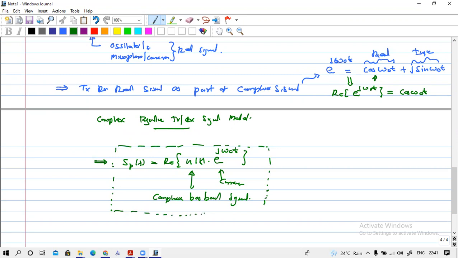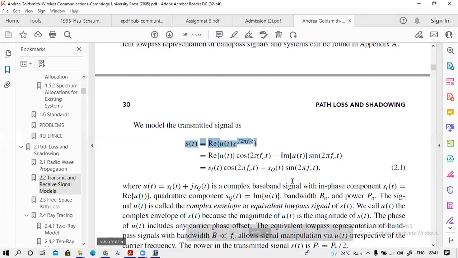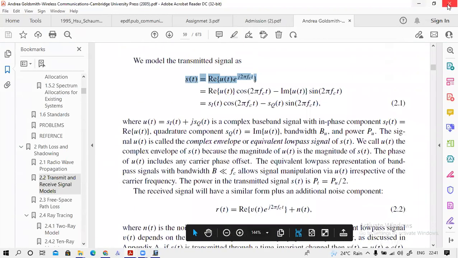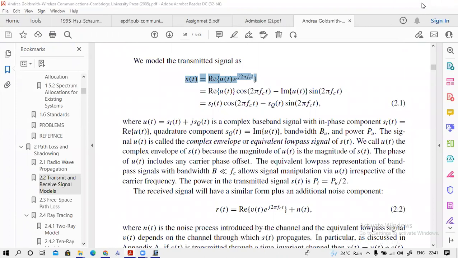So this is the transmitting, modulated, passband signal, and this is our baseband information signal, and it is in complex form. So u(t) is a complex signal. You can find more details for this model in this book, but we are not going to discuss it much.